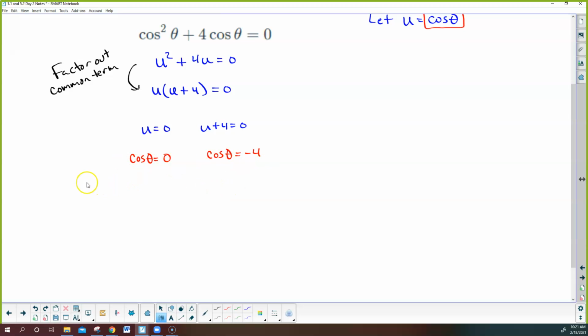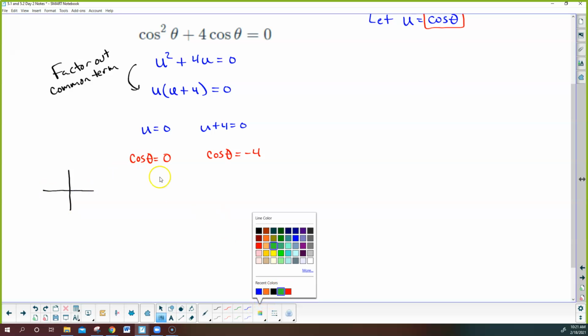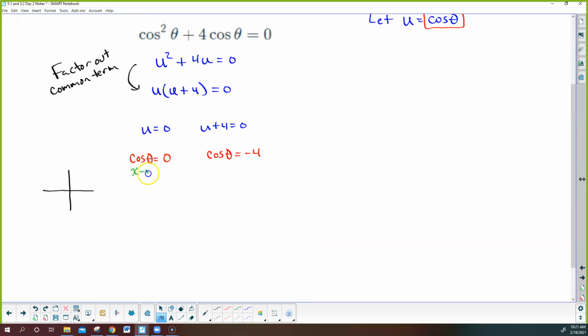And this one has an interesting result. I've got to figure out, when does cosine equal 0? Well, wait a minute. Cosine is always the x value. And whenever I have 0 or 1, those are my quadrantal angles. And cosine is 0, so if I have an x value of 0, that means I'm not moving left or right.